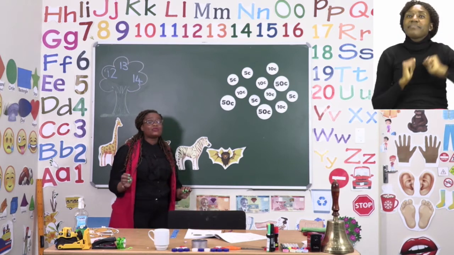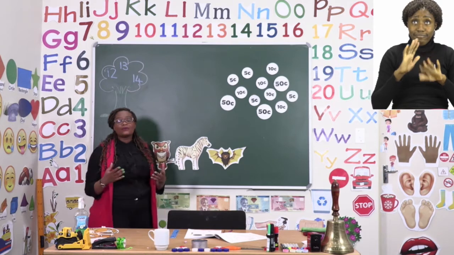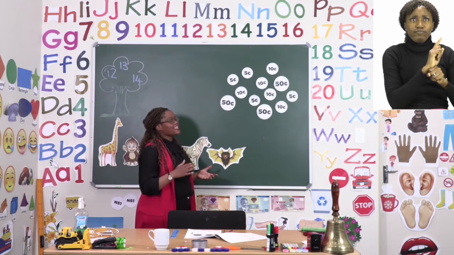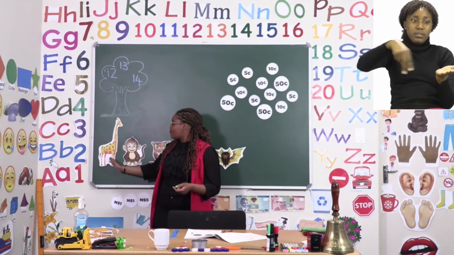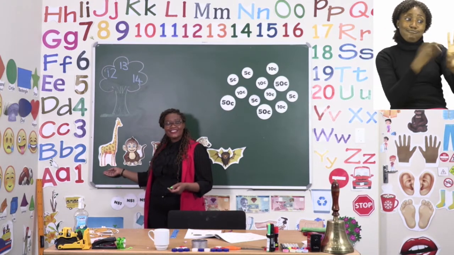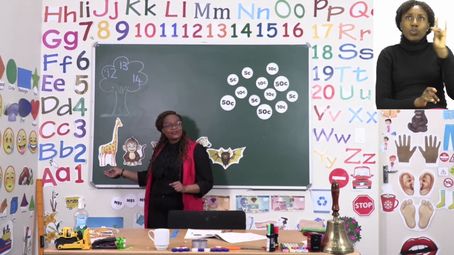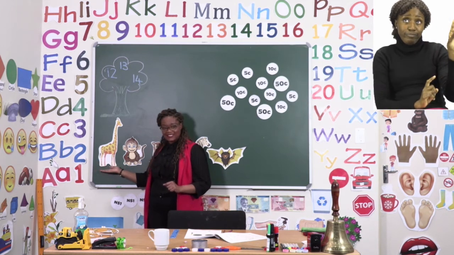Now, if we want to color, let's say they were not already in color, we would start with the first one, meaning the one who is standing in line, number 1. And in this case, our number 1 is the giraffe. So you need to color the animal that is standing in front for first.